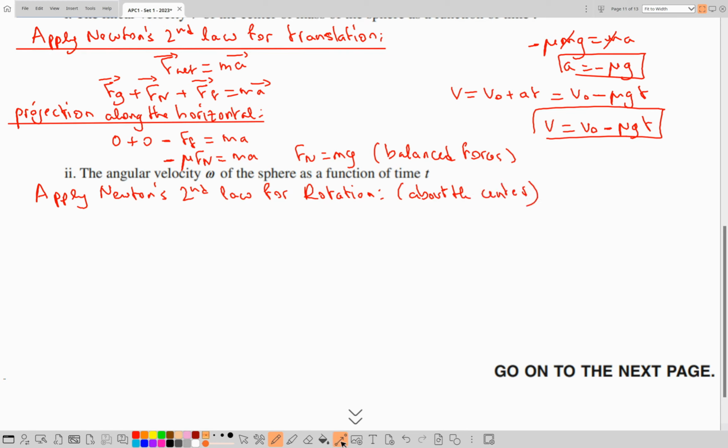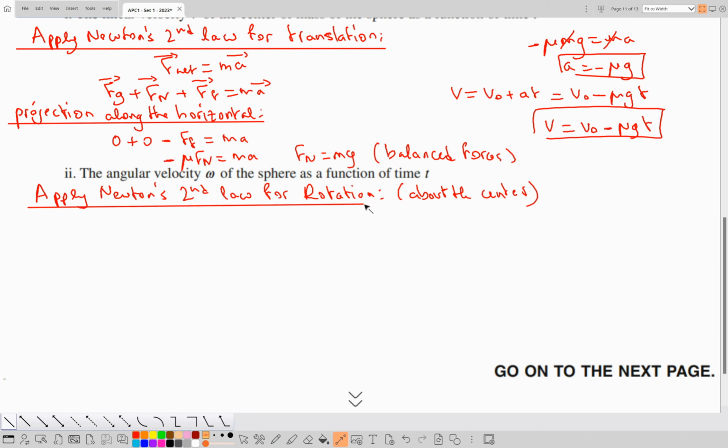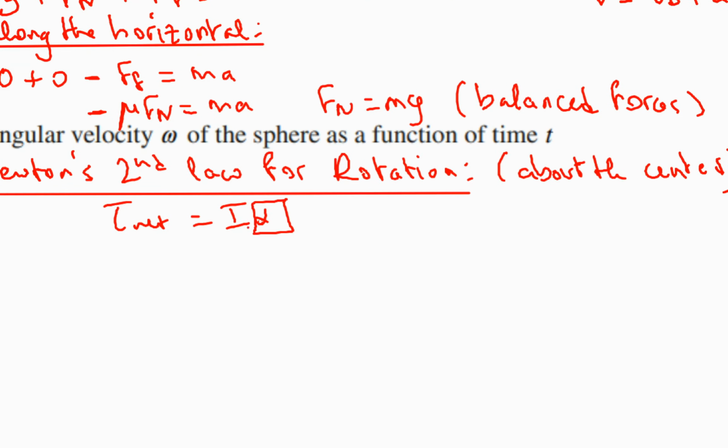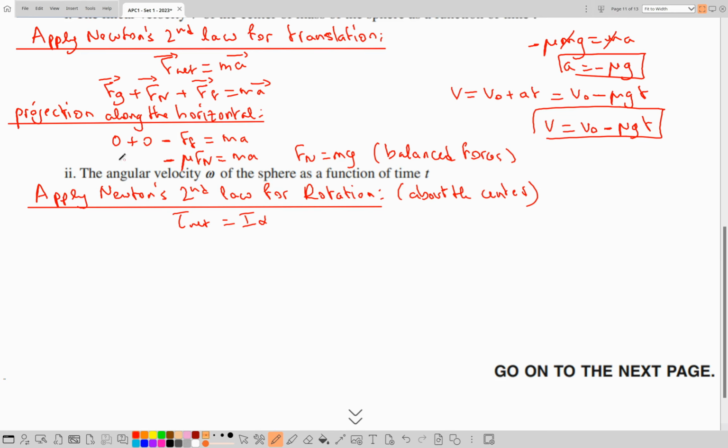Why is this important? Because this will allow us to determine the torques properly. So let me say the net torque equals I multiplied by alpha, and we're interested in determining alpha. Why? Because that will allow us to calculate omega. We refer to rotation because we're interested in angular velocity.